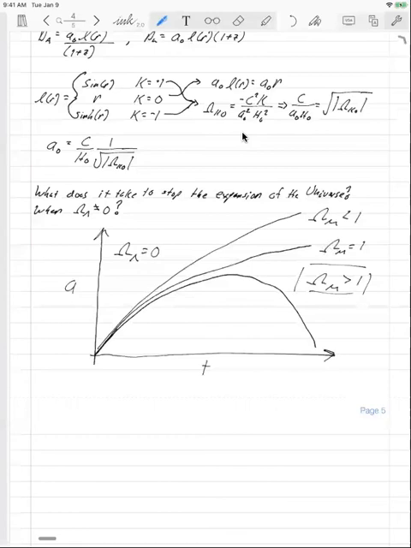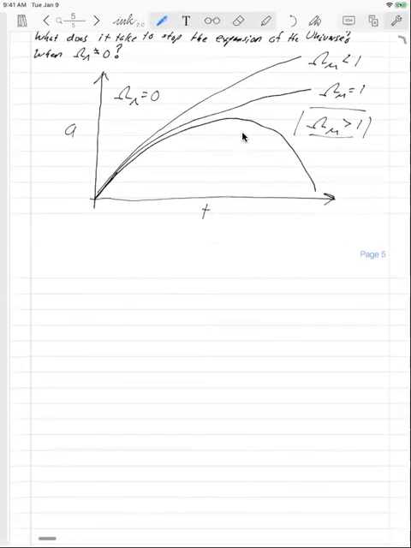When you add a non-zero cosmological constant, that is no longer the case. So what about when this does not equal 0?